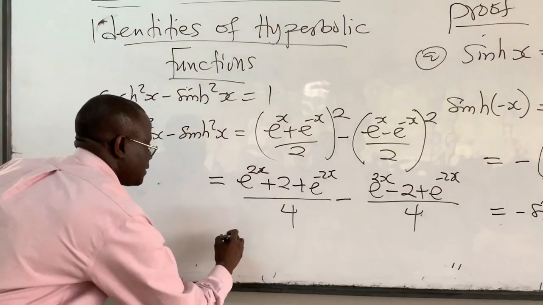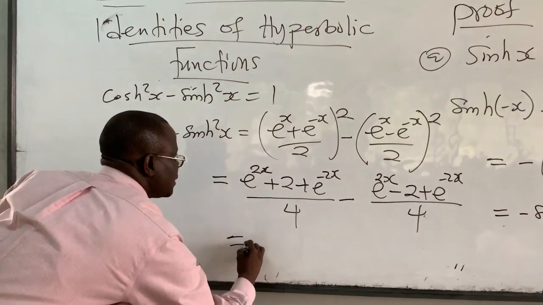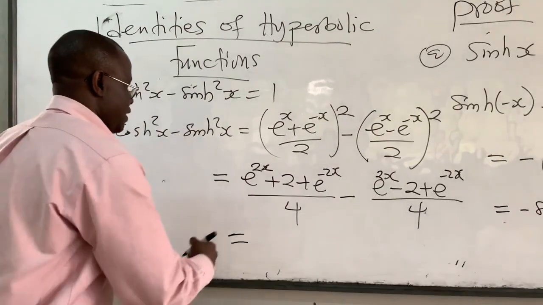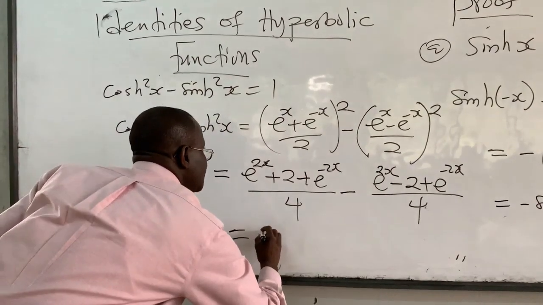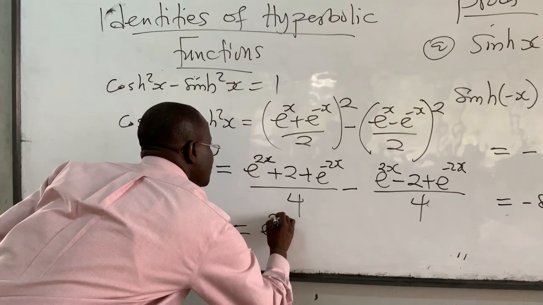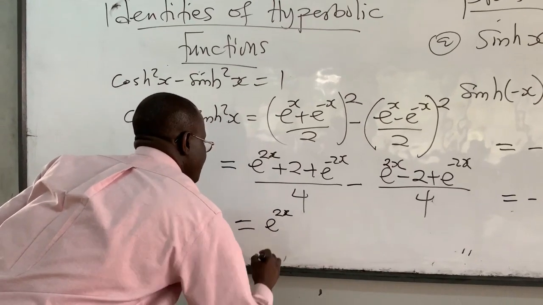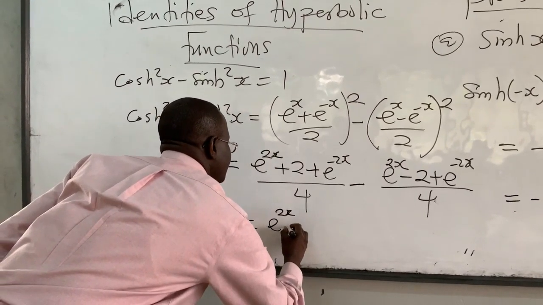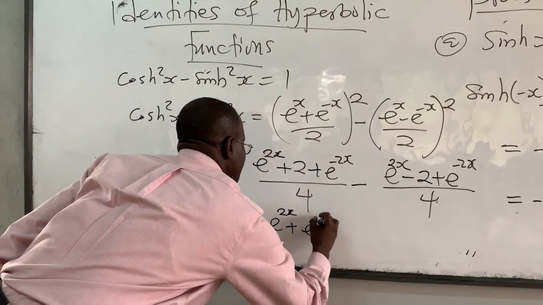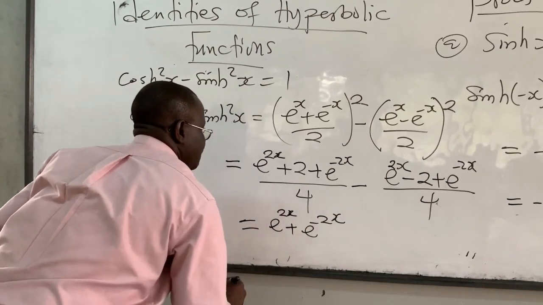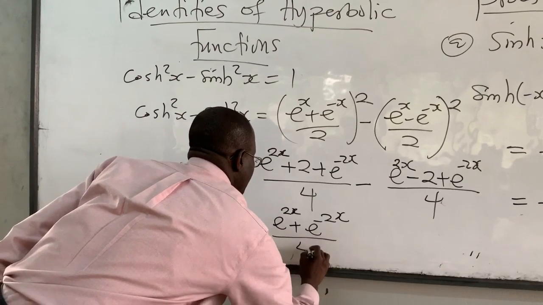So we can simplify this. I have e to the 2x, and I have plus e to the minus 2x, all over 4.